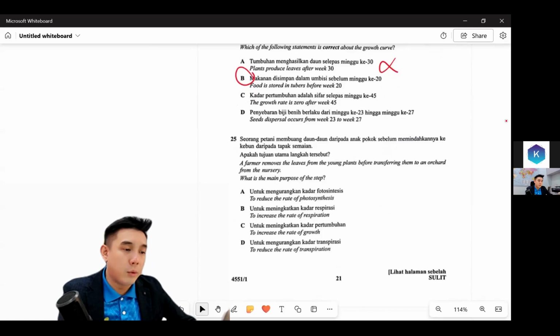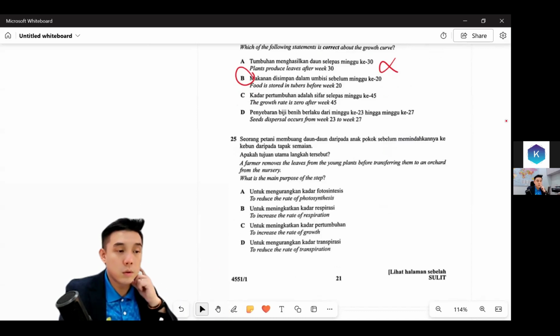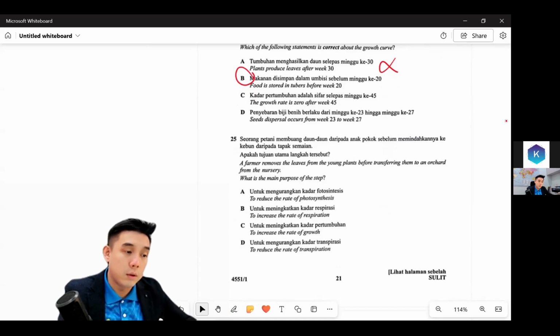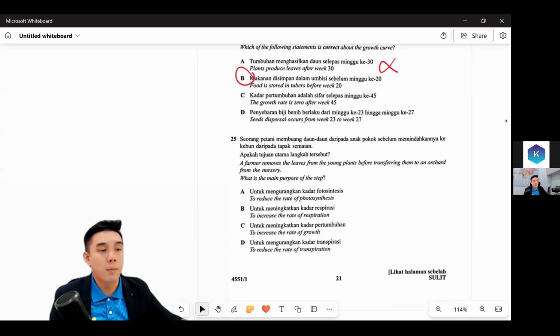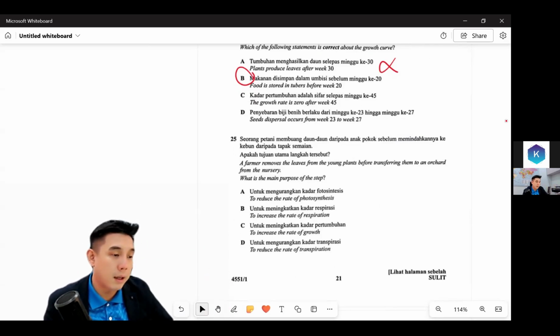All right, a farmer removes leaves before transferring to the orchard from the nursery. What's the purpose of this step? The purpose is actually to remove the leaves from the young plant.